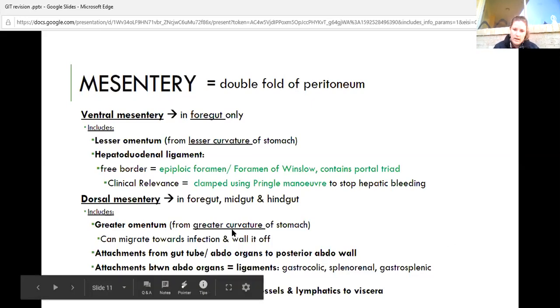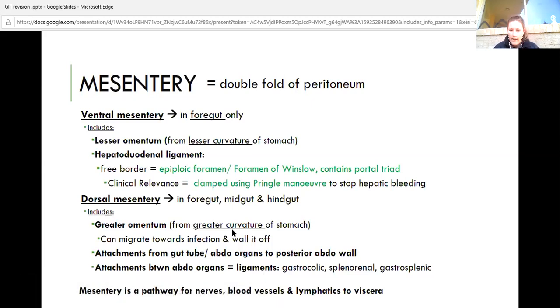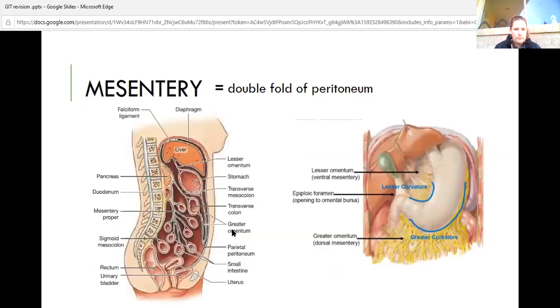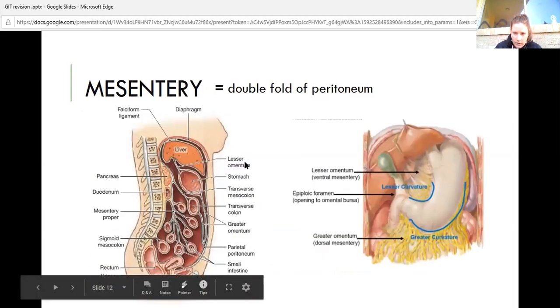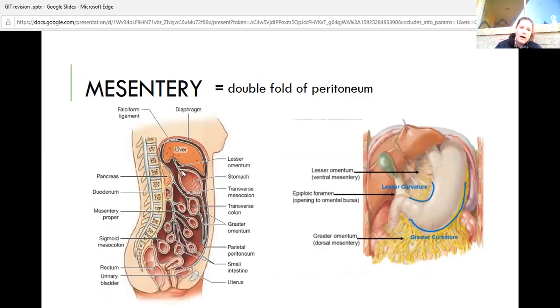Inside the mesentery is where you find your SMA, your IMA, and also lymphatics and nerves. And this is a picture putting it together. You can see the lesser omentum here, the greater omentum there, and the organs, which would then be surrounded by their peritoneum, and where it comes together, you get the mesentery.